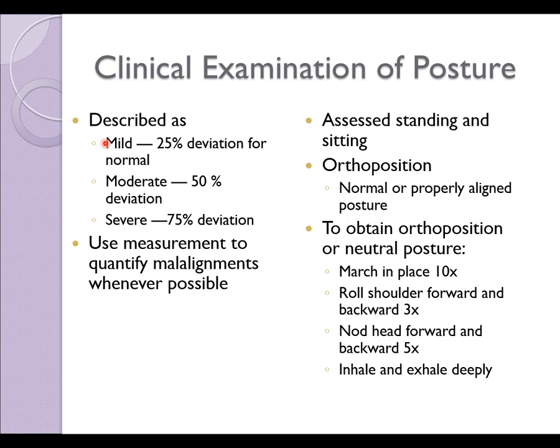So if you have a minor postural deviation, that's less than 25%. It's about 25% from normal. If it's a moderate deviation, it's about 50% different than normal, and severe is 75 or higher. That's kind of the range when you're actually trying to grade the severity of the dysfunction. But again, we try to quantify whenever possible.